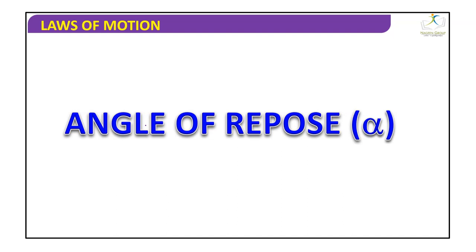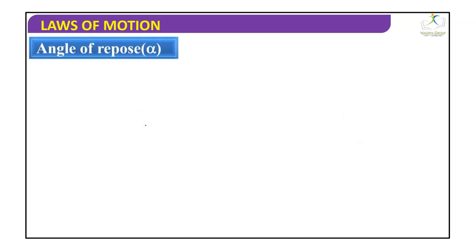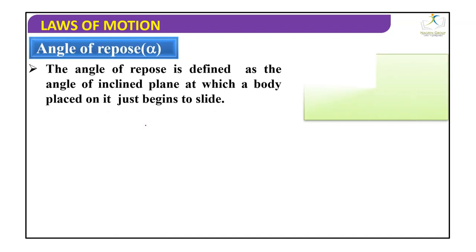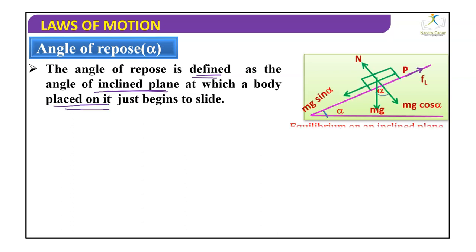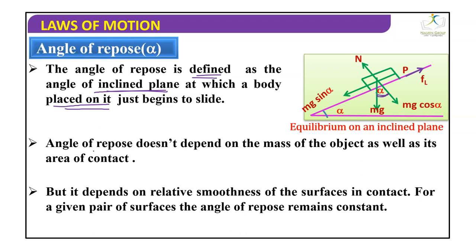Moving ahead with the next topic, angle of repose. The angle of repose is defined as the angle of the inclined plane at which a body placed on it just begins to slide. Earlier we took the same thing. The angle of repose does not depend on the mass of the object.